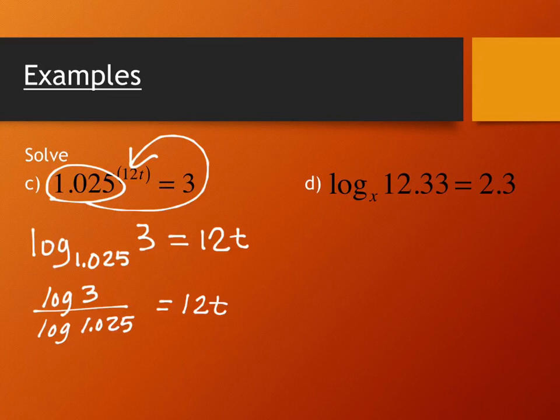So let's just say 4 decimals for the moment. What is log of 3 divided by log of 1.025? Let's use 4 decimals. 40.4915. Fabulous. And this equals 12t. And so then, like you guys have already said, our next step would be to divide by 12. So take what's in your calculator and just hit division 12.